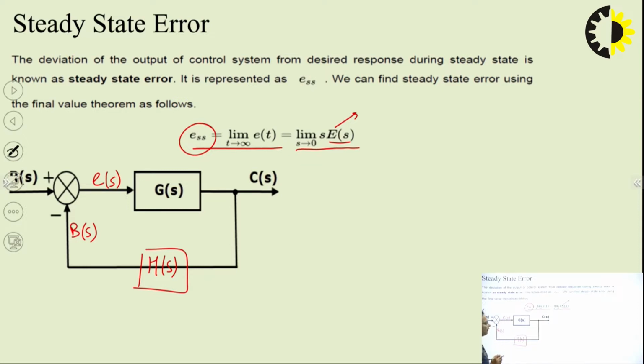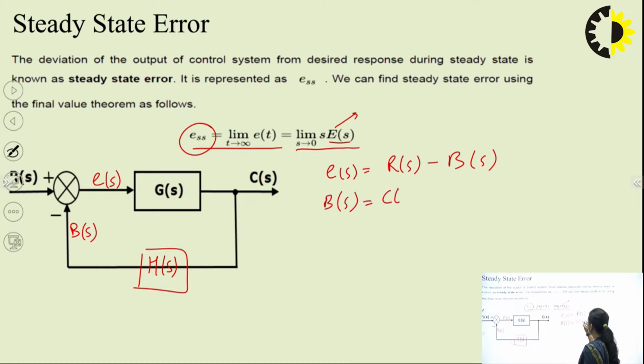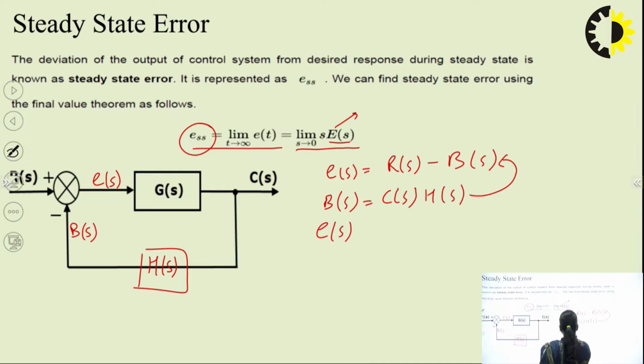This E(s) is the error signal. So I can write the error signal E(s) equal to R(s) minus B(s). Also I can write the value of B(s) as C(s) into H(s). Let me put this value in the above equation, so I get E(s) equals R(s) minus C(s) into H(s).